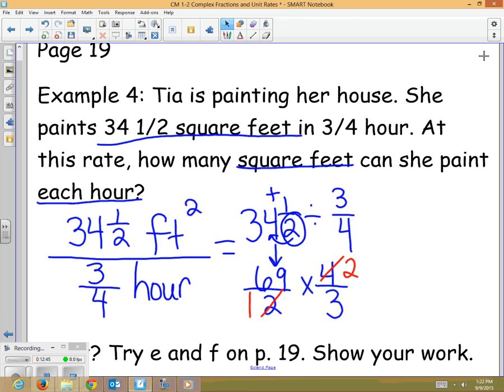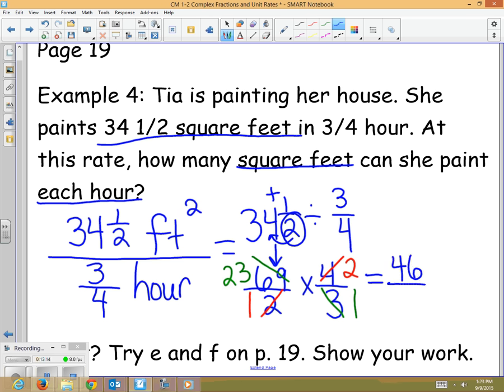Now looking at the other diagonal, 69 and 3 are both divisible by 3. 3 divided by 3 is 1. 69 divided by 3 is 23. Now that I have a simplified form, it is easier to multiply the numerator and then the denominator. 23 times 2 is 46. 1 times 1 is 1.